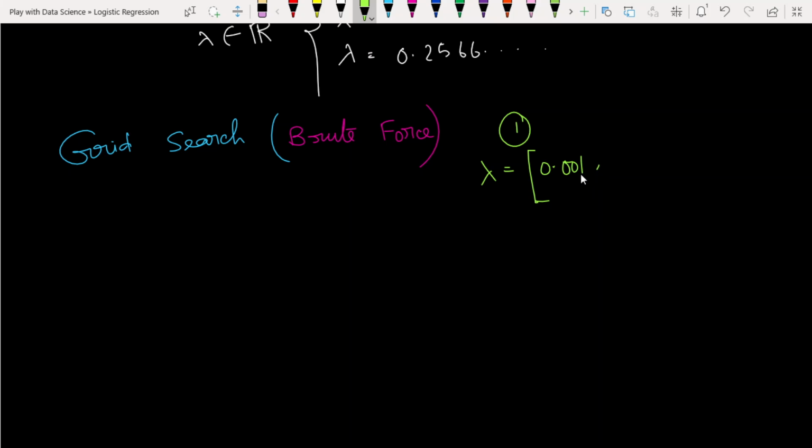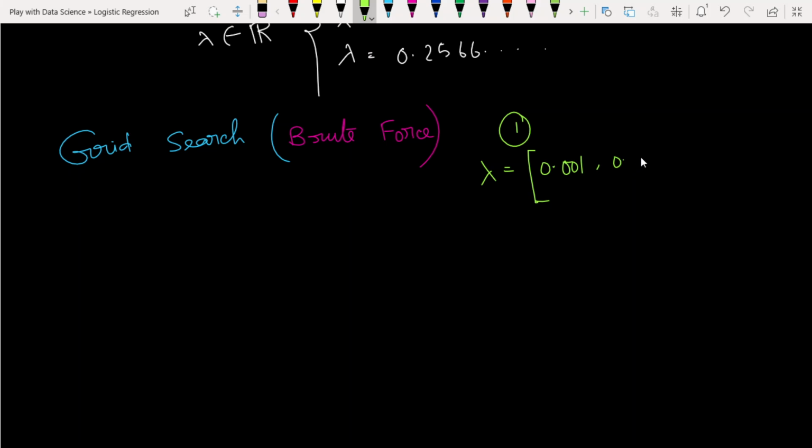0.001. Now we stepwise increase the value as you like, say by multiplying by 10. As an example, we take stepwise multiples of 10.